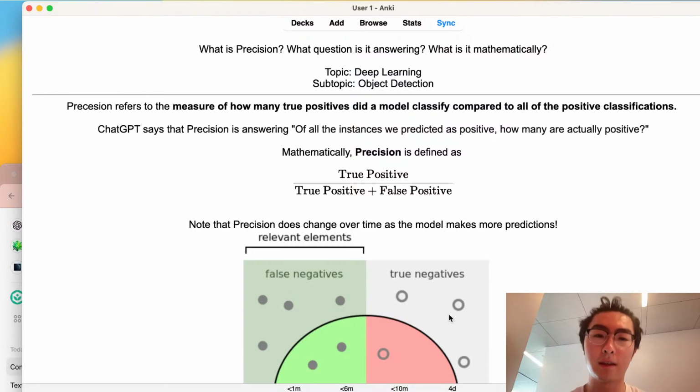I think the question it's trying to answer is how well am I making a positive prediction relative to the number of positive predictions I've made. So of all the instances we predict as positive, how many are actually positive? And then mathematically, precision is defined as the true positives divided by the true positives plus false positives. And precision does change over time.